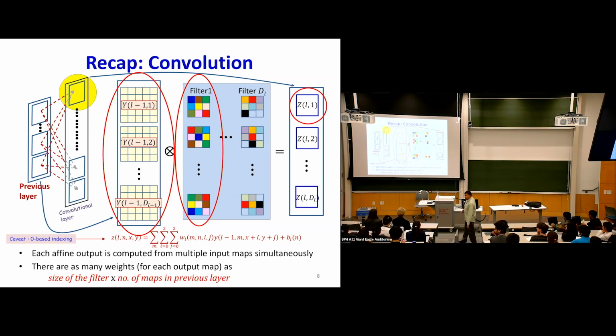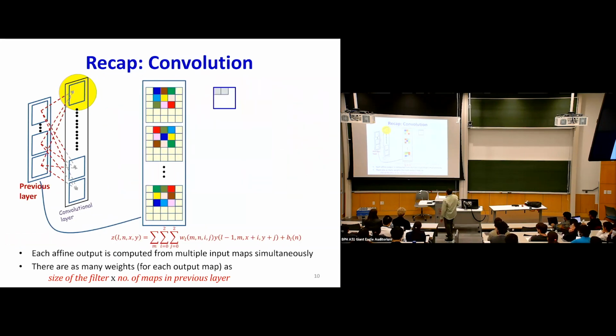So, you scan the input, and at each point, we basically computed an inner product, which is a pointwise product of the filter value and the value of the map underneath, and then we summed over the entire lot. The summation, of course, went over all of the maps. Within each map, you went over the area of the filter, and at each position, you multiplied the filter value, which is shown by W over here.